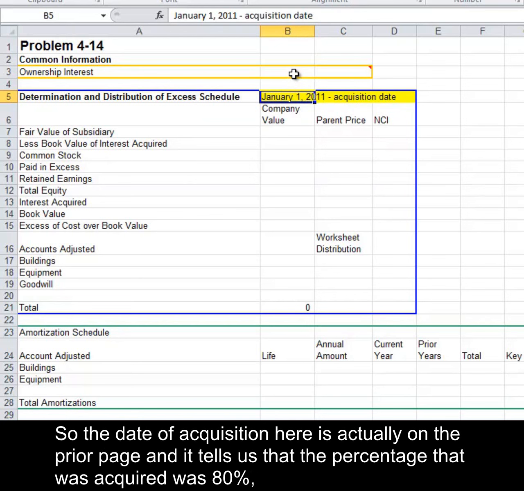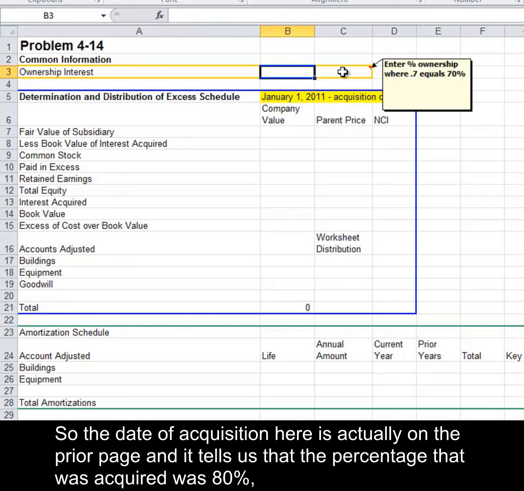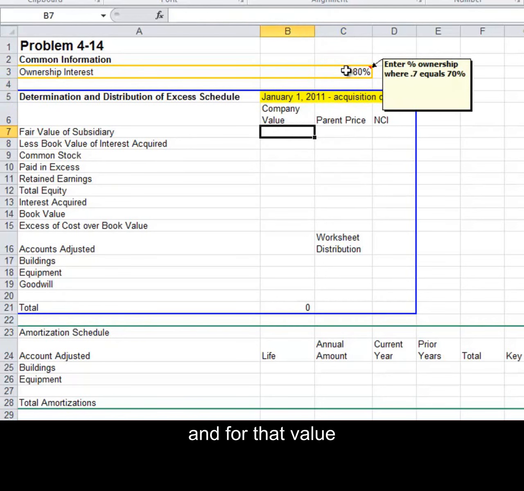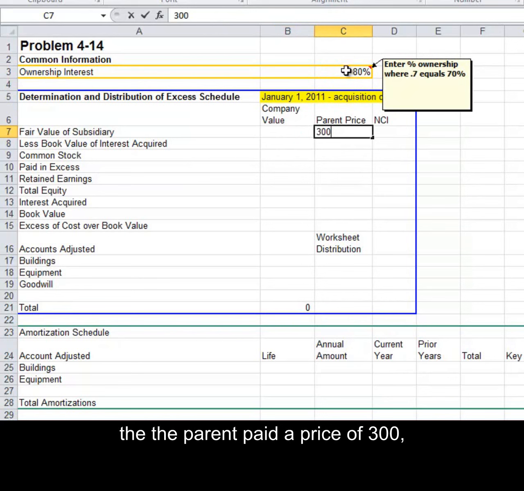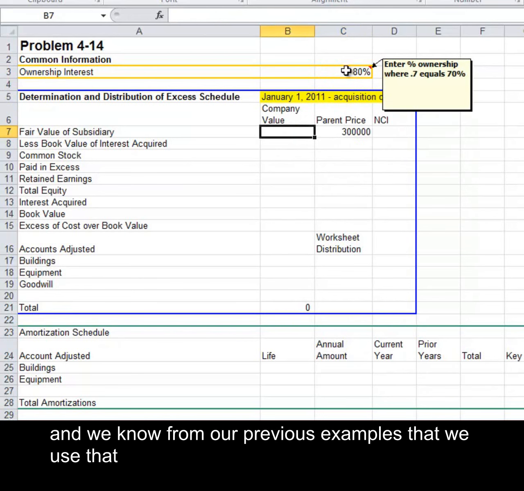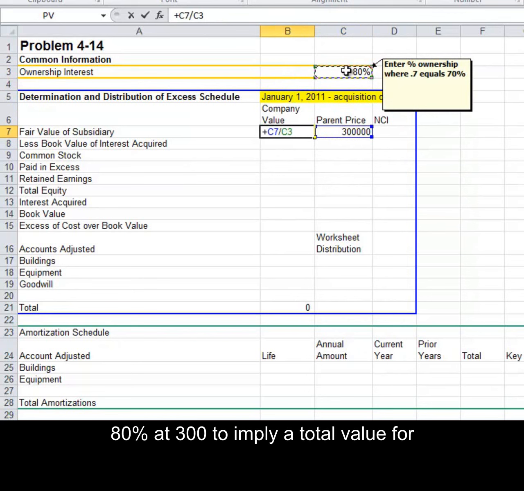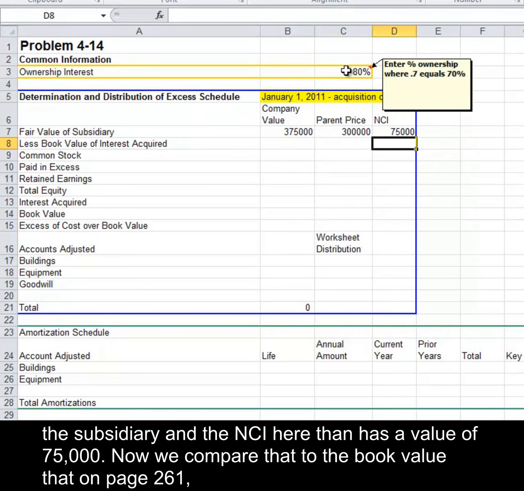information. So the date of acquisition here is actually on the prior page, and it tells us that the percentage acquired was 80%, and for that value the parent paid a price of $300, and we know from our previous examples that we use that 80% at 300 to imply a total value for the subsidiary.